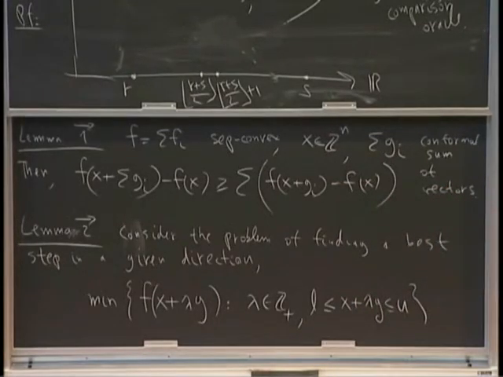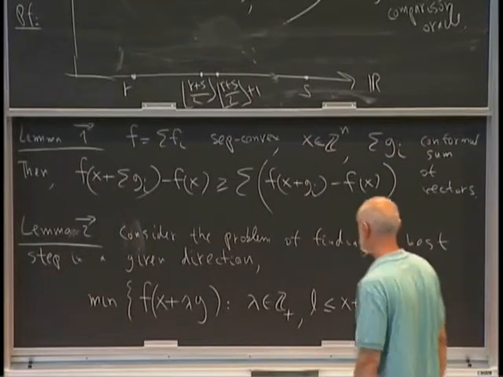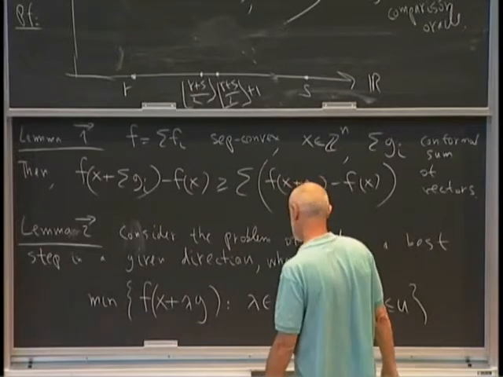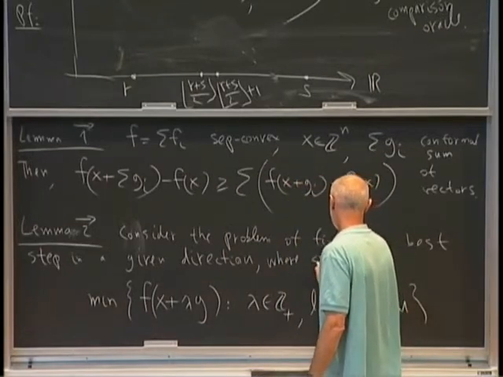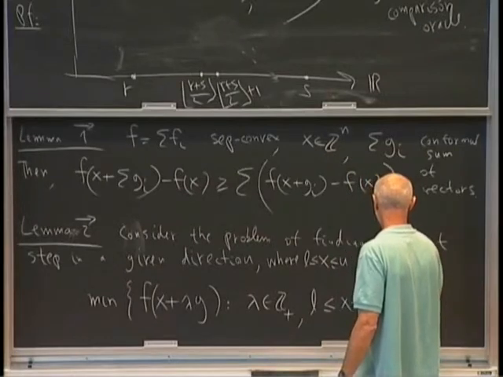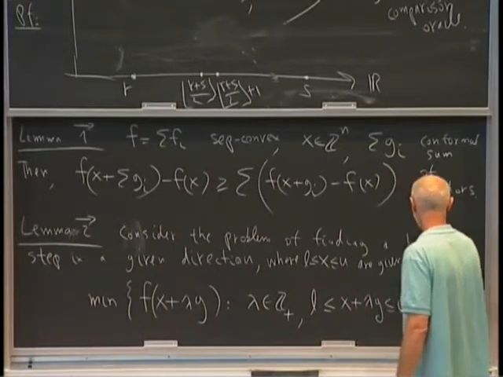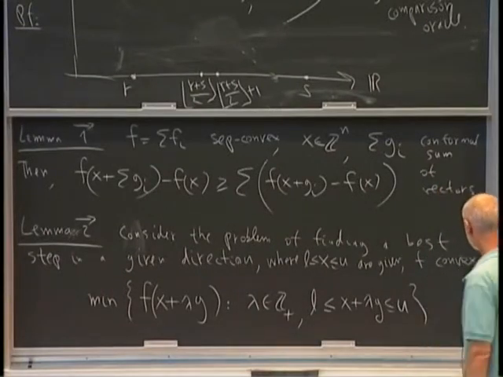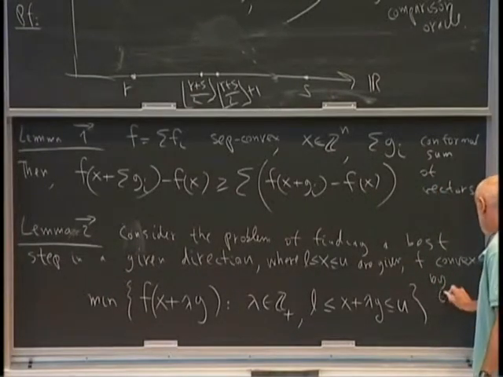So the problem is finding a best step in a given direction, where x between L and U are given, and f is convex, given by a comparison oracle again.